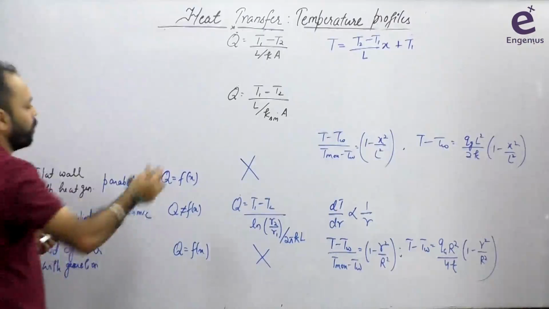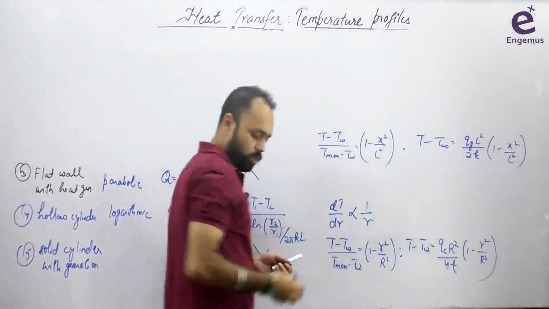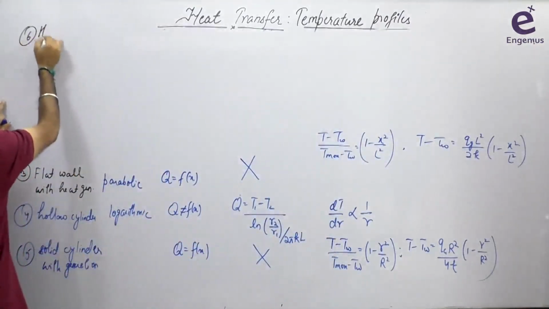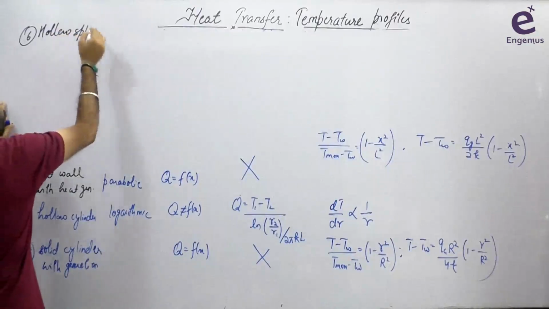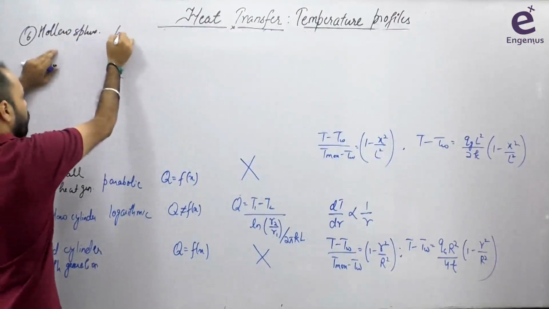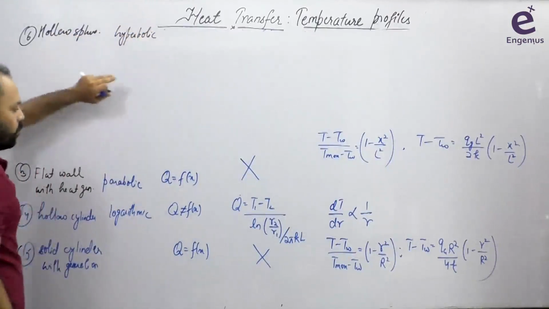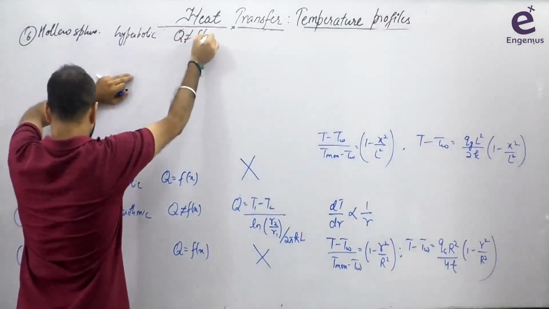Keep writing, okay? Sixth case was hollow sphere without any heat generation. That is the sixth case. Hollow sphere. What was the nature of profile? Hyperbolic. Was Q a function of x? No, Q was constant with x, so Q was not a function of x.